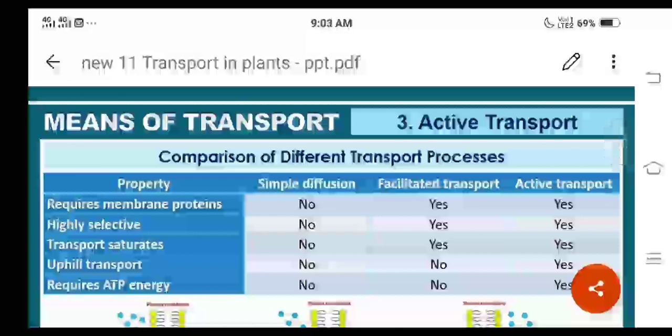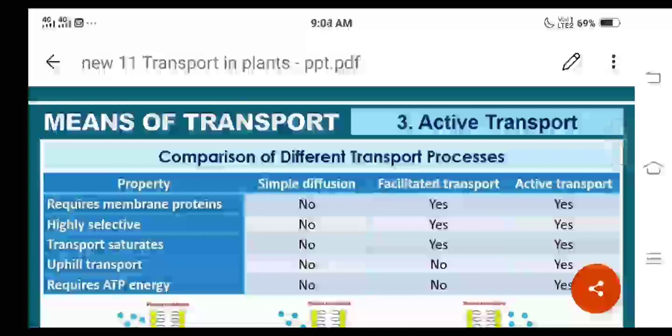Even for facilitated transport we mention no, for the same reason; it is also an example of downhill transport. Active transport is uphill transport, because the movement of molecules takes place from lower concentration to higher concentration, so we mention yes here.